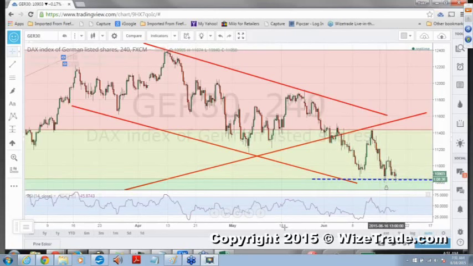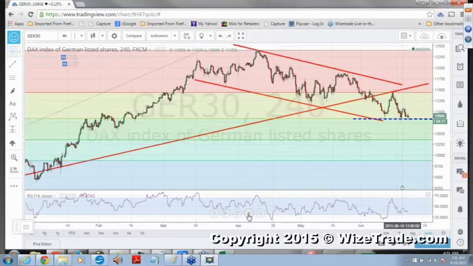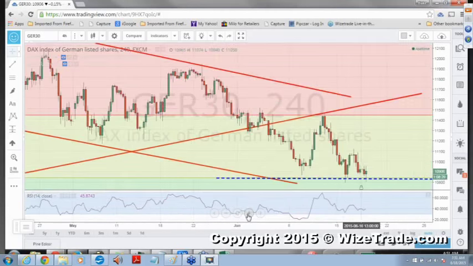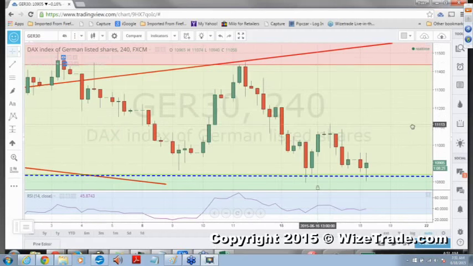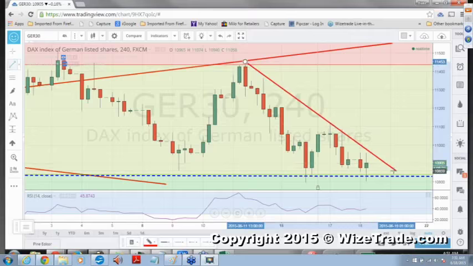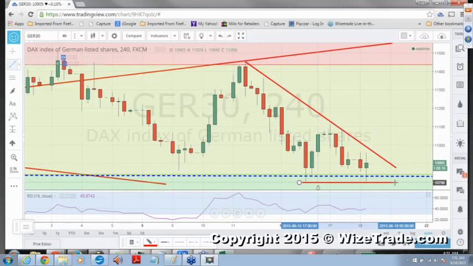Look at the DAX and look at this 4-hour chart. What it's developing, and we can zoom in a little bit. Okay, this is the DAX, right? And I just zoomed in on the 4-hour chart pretty closely. That right there, folks, is a bearish wedge. You see it?